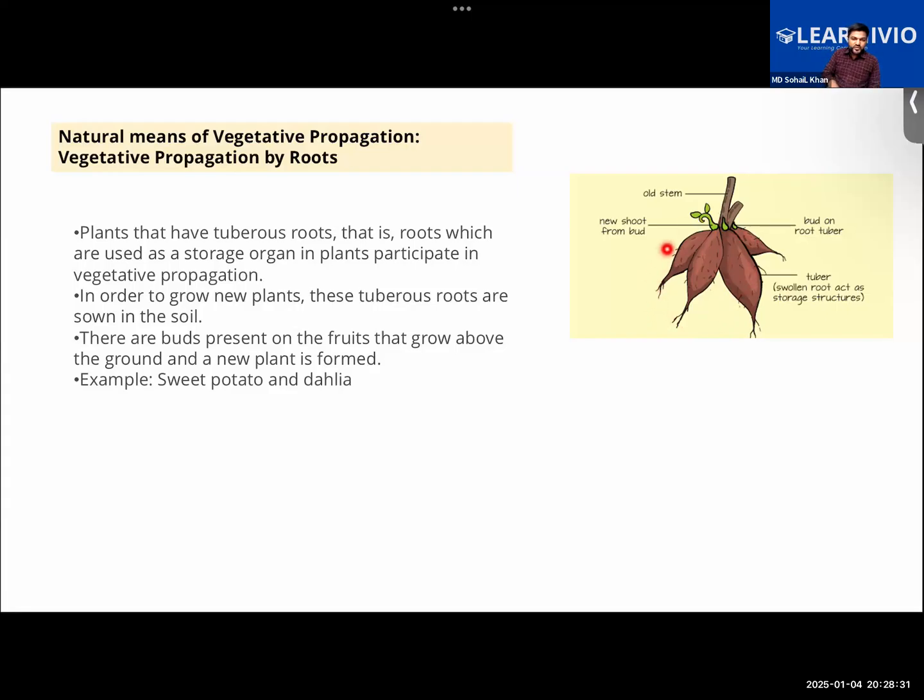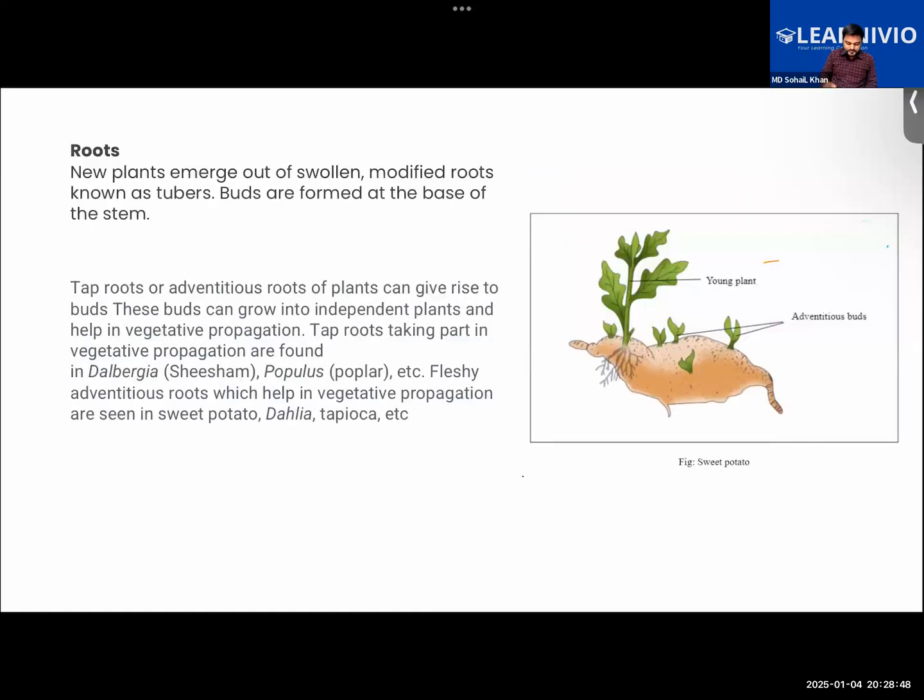A new plant is growing out of this root, or basically a tuber. These are tuberous roots. So that's vegetative propagation by the roots. It occurs in the case of sweet potato and dahlia.